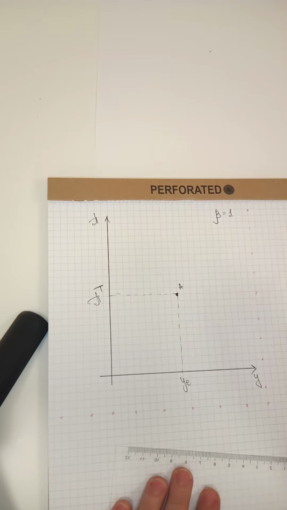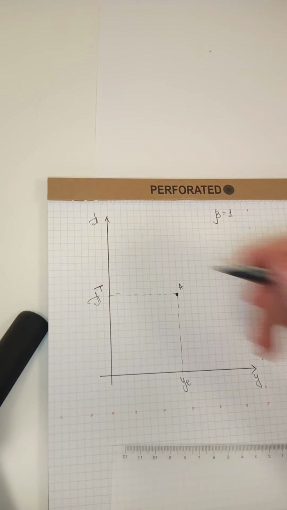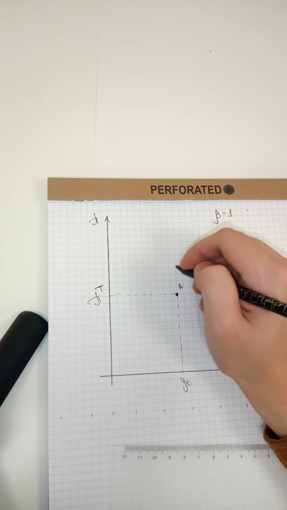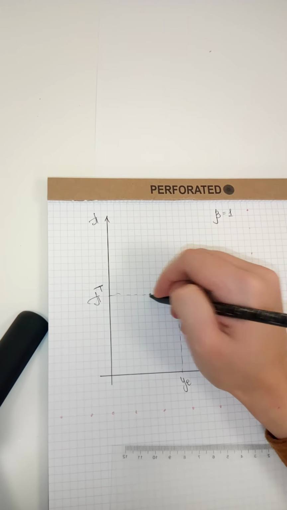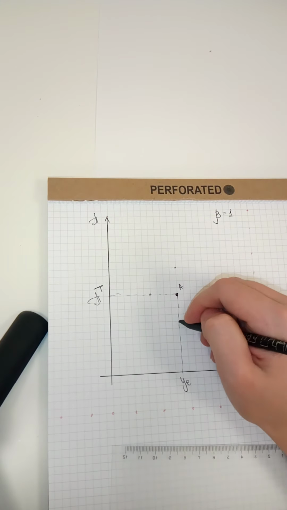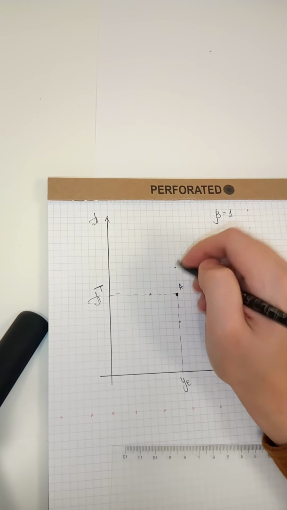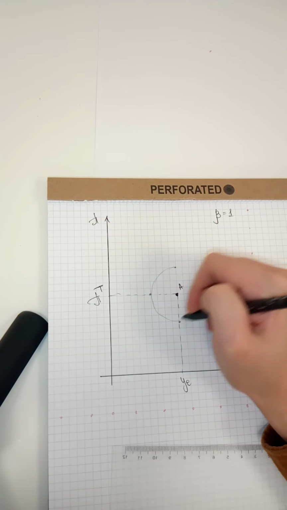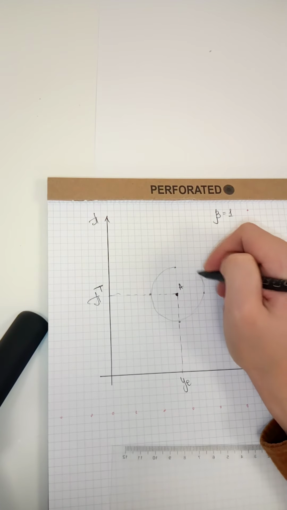So let's draw a couple of iso-loss curves. Again, I assume that beta is equal to 1. That's why those curves will be represented by the perfectly symmetrical circles.